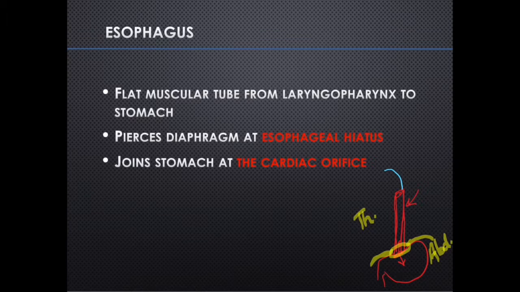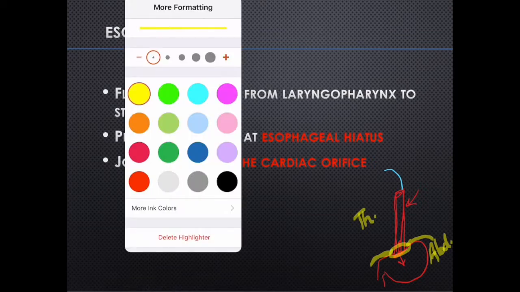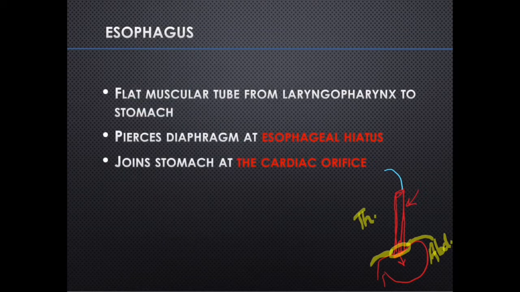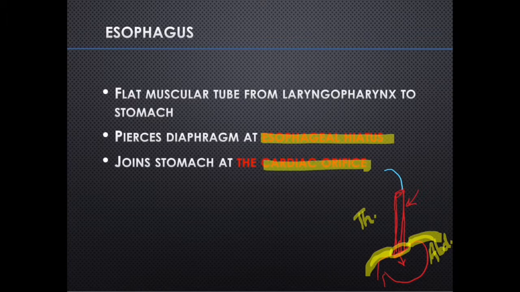So what is the esophageal hiatus again? This is simply the opening through which the esophagus is going to be traveling, passing through the diaphragm. It will join the stomach at the cardiac orifice, which is the opening here in the stomach.